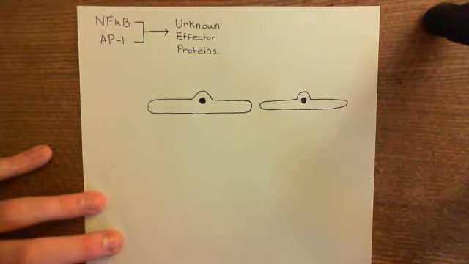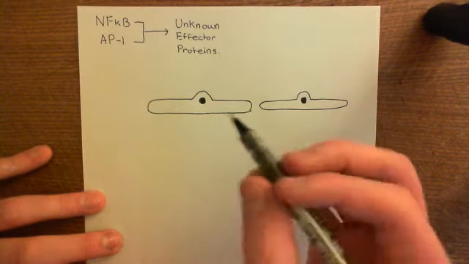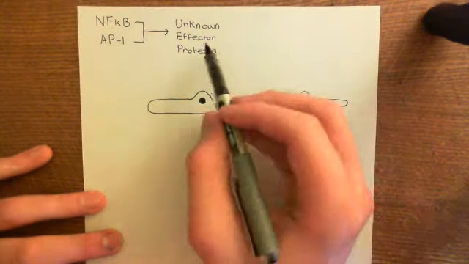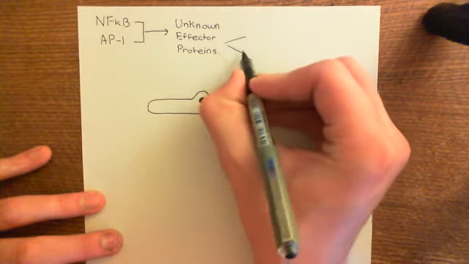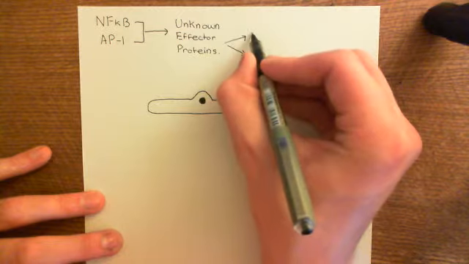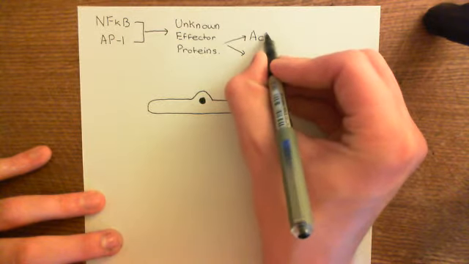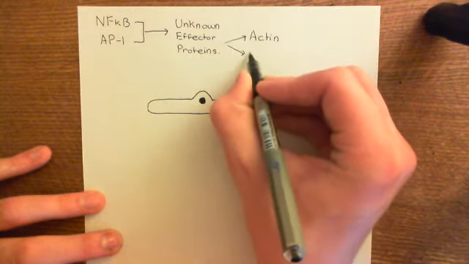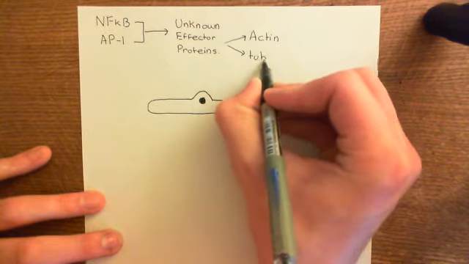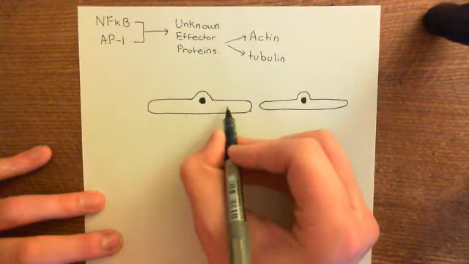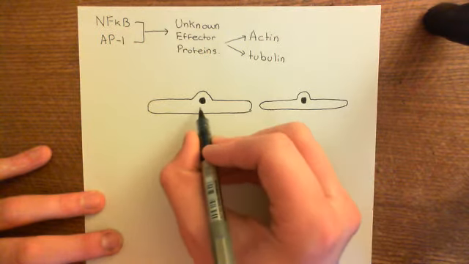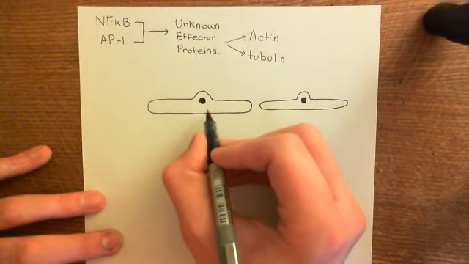Basically, you're going to produce unknown effector proteins that are going to interact with two components of the cytoskeleton, actin and also tubulin. These are both little proteins which polymerize to make huge, great strands which are involved in producing the cytoskeleton.